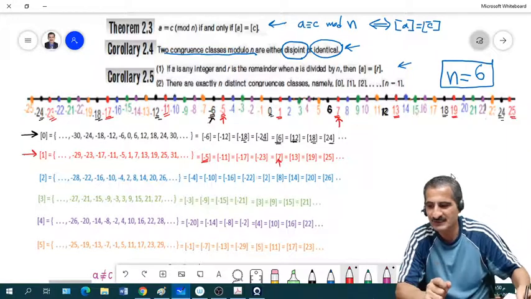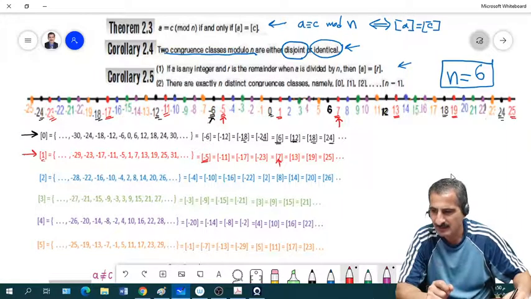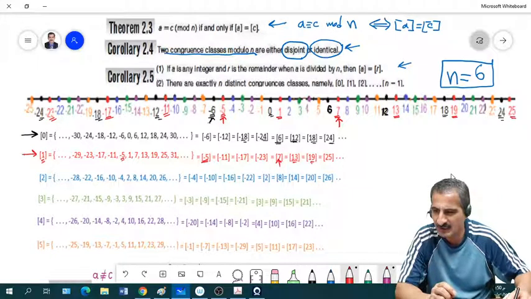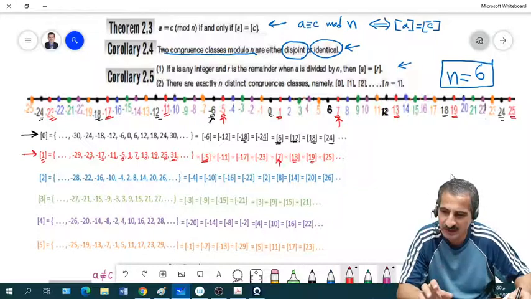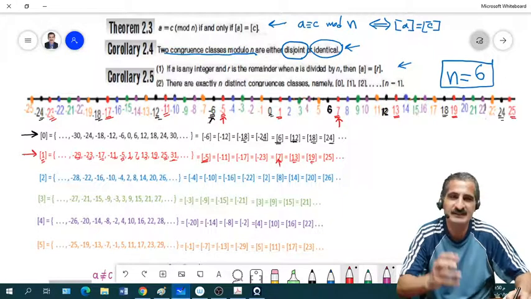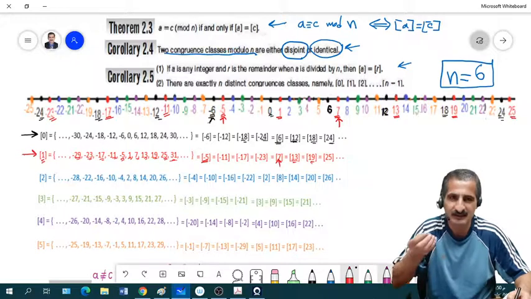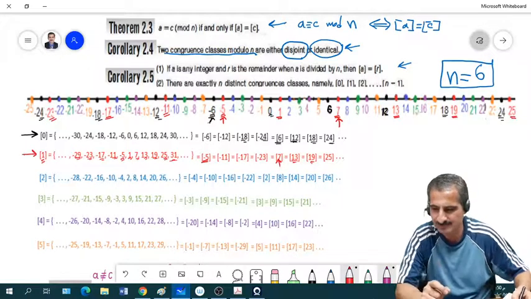So the equivalence class of 1 and of negative 5 and of 7 and 13, 19, it's always the same equivalence class. Here I am saying if you take any two elements from this congruence class, then the congruence classes of any two elements from inside here is the same, which is this set, this congruence class, the red one.